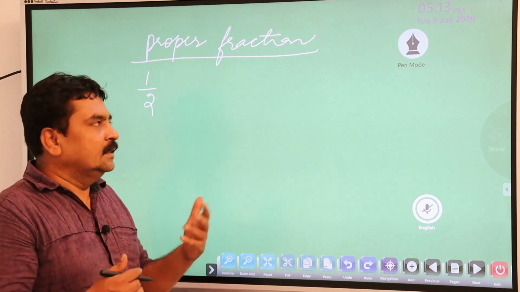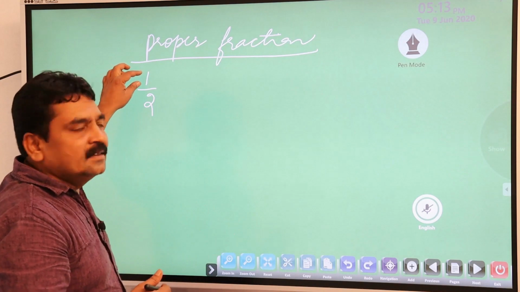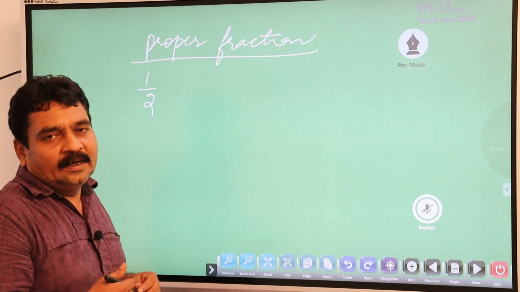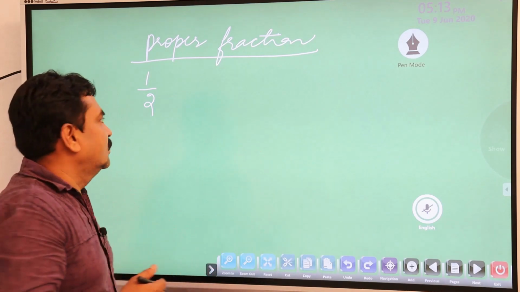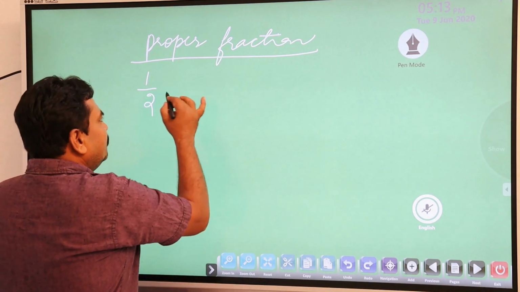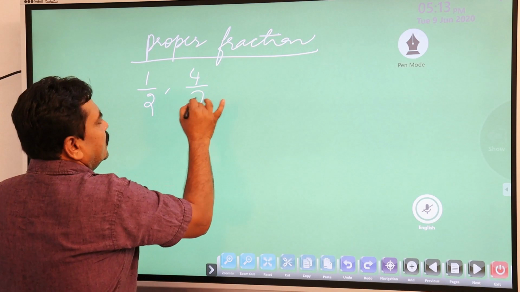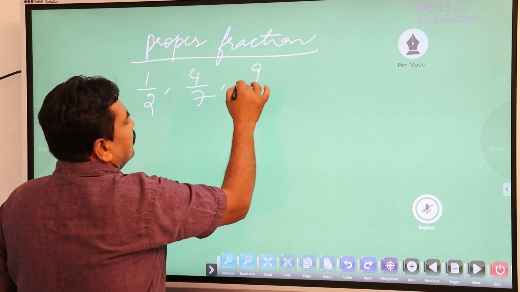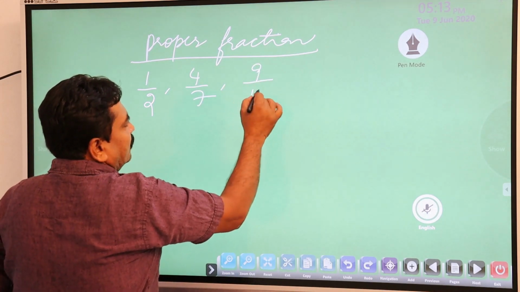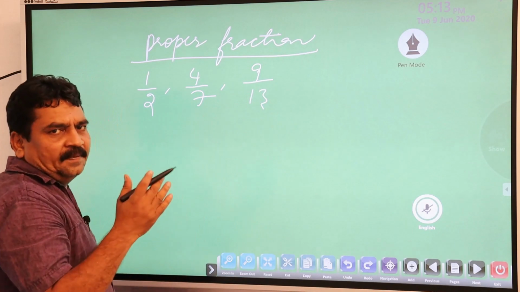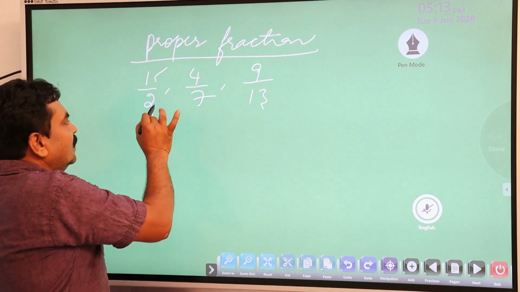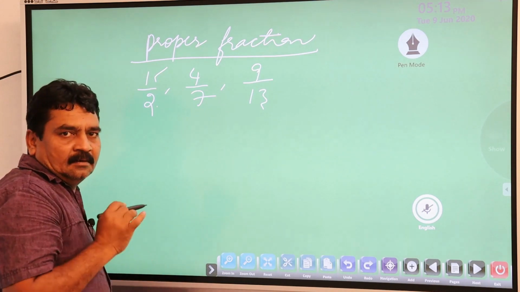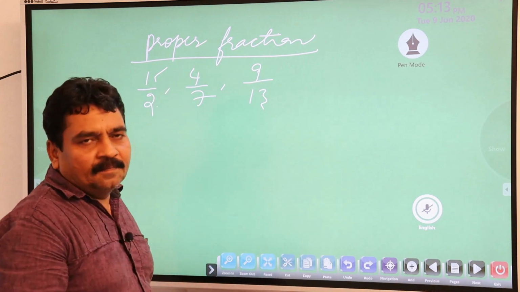Second, you can say the numerator is lesser than the denominator. Such fractions you call proper fractions, like 1 by 2. Any fraction, say 4 by 7, say 9 by 13, where the numerator is less than the denominator. You understood? This is called a proper fraction.